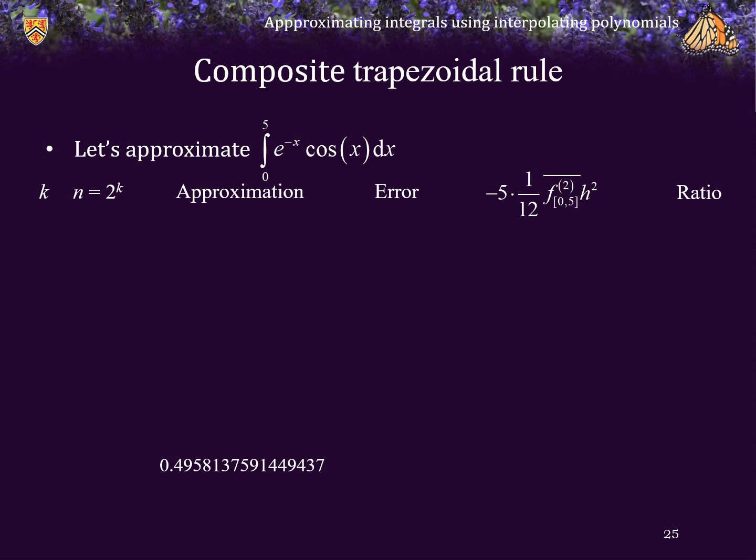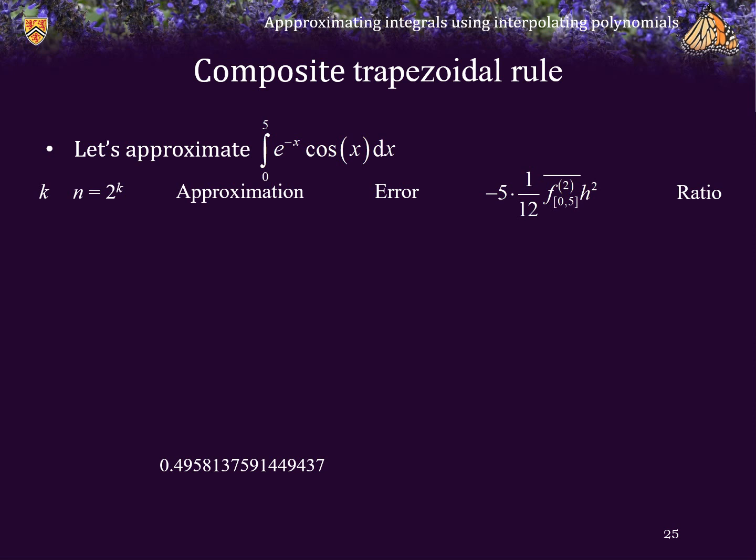All right, so once again, let's approximate the integral from 0 to 5 of e to the negative x cos of x dx using the composite trapezoidal rule. We will now use 2 to the k subintervals, starting with only 2. Now, we're going to calculate the approximation of the error.